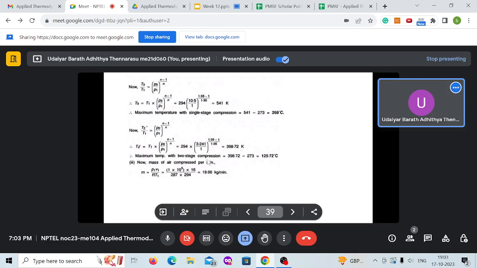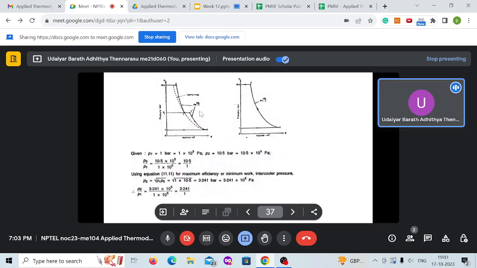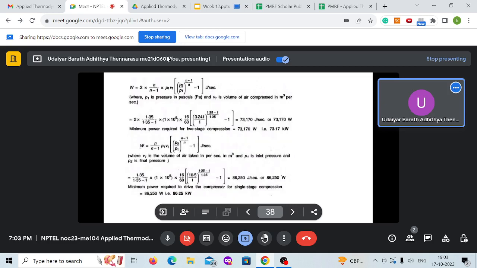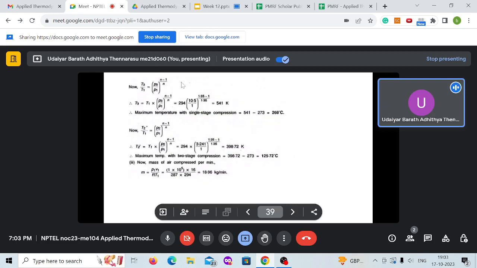Now similarly, for a two-stage process, T3 by T1 equals P3 by P1 raised to power n minus 1 by n. The temperature at 3 will be similar, because after intercooling T2 will be equal to T1. On substituting that, we can find out the temperatures. First we'll find it for the single stage process.